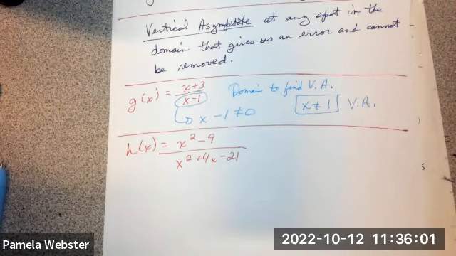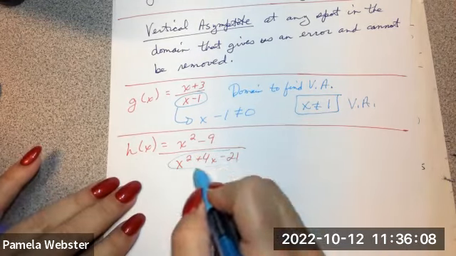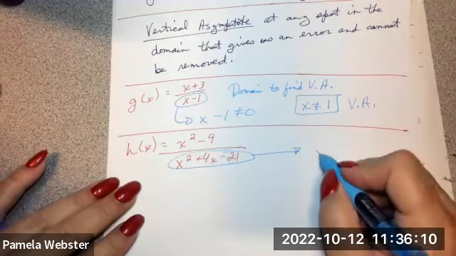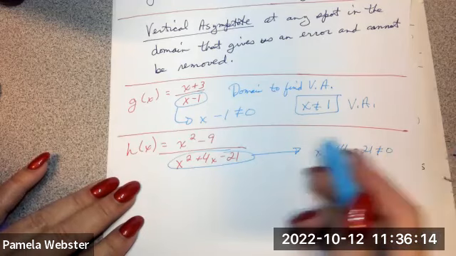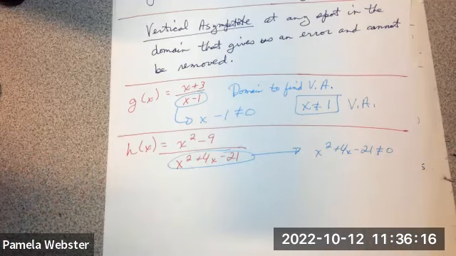Because we need to find out what's in the denominator that's going to make this 0. So I take that denominator and say x squared plus 4x minus 21 cannot equal 0, right? The top, again, we really don't care what's going on for the most part. We'll see in a second where we're going to look at that one.